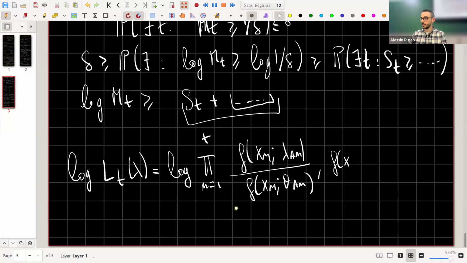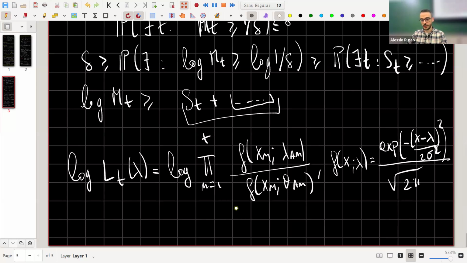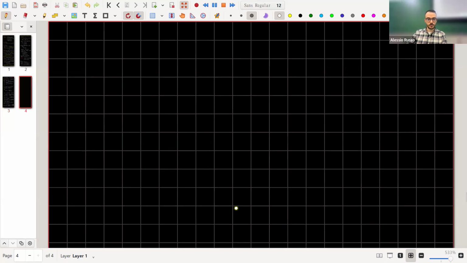And we know that each f is a Gaussian, okay? So it's, I don't have much space here, but here it's exp of minus x minus lambda squared divided by 2 sigma squared, all divided by square root of 2 pi sigma squared.